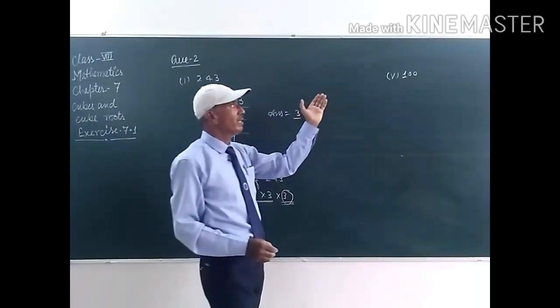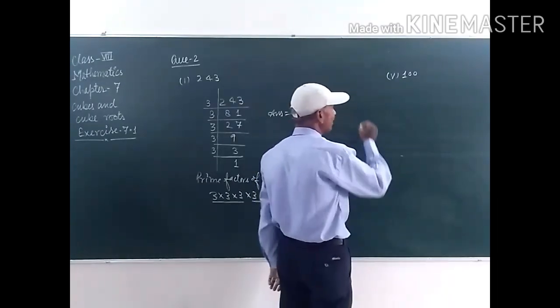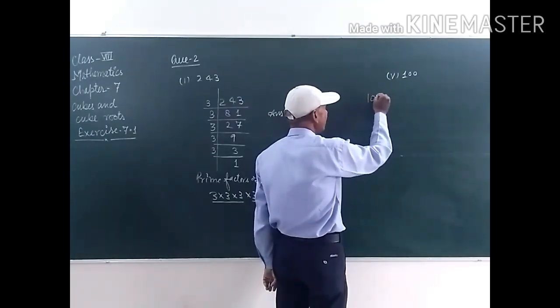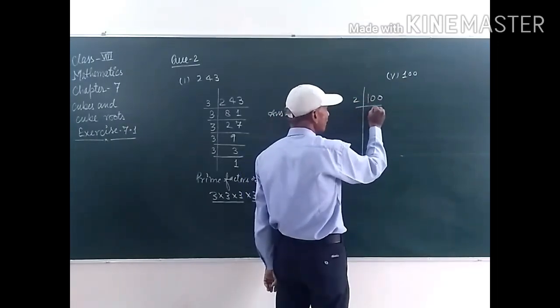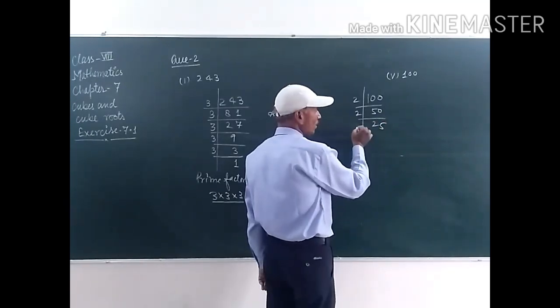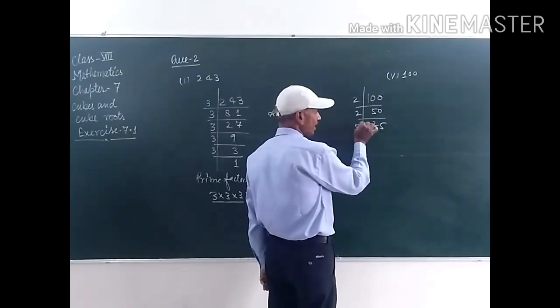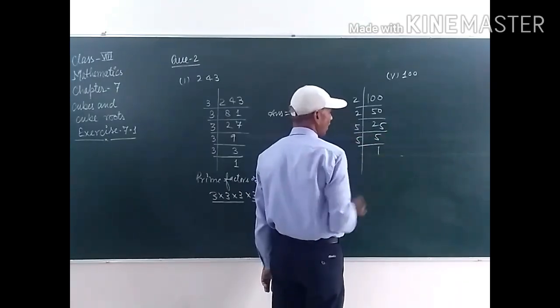Now, in this, student, 100, we have to find the prime factors of this number first. So, 100, divide by 2, this one is 50, again by 2, this one is 25. So, we have to use the next number, that is 5. 5 fives are 25, again by 5 it is 1.